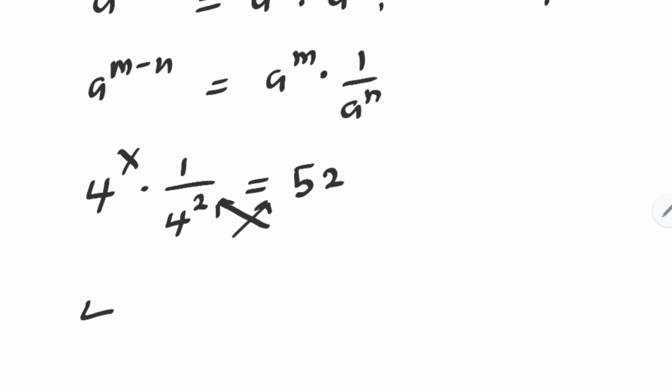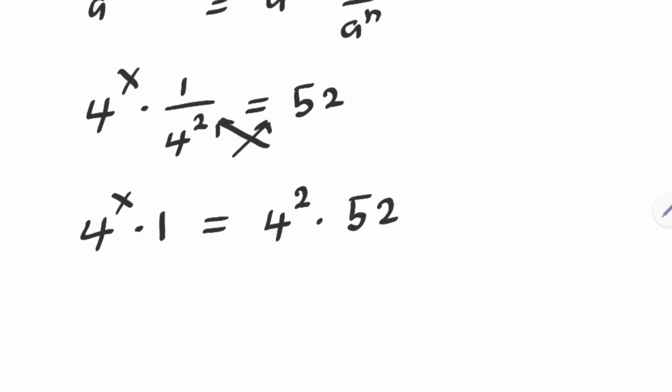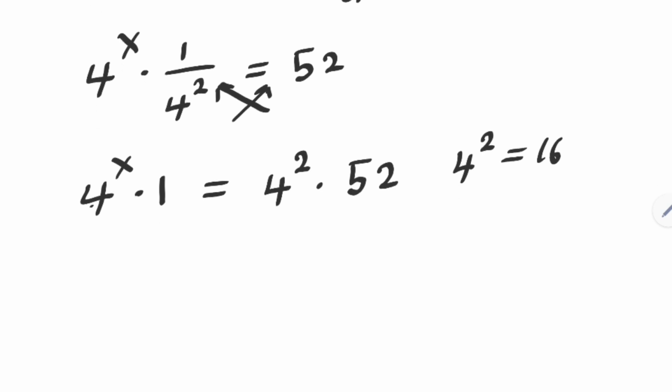We have 4 raised to power x multiplied by 1 is equal to 4 square multiplied by 52. 4 square is equal to 16. Then we have 4 raised to power x is equal to 16 multiplied by 52.